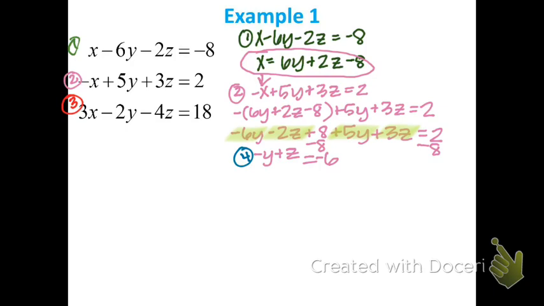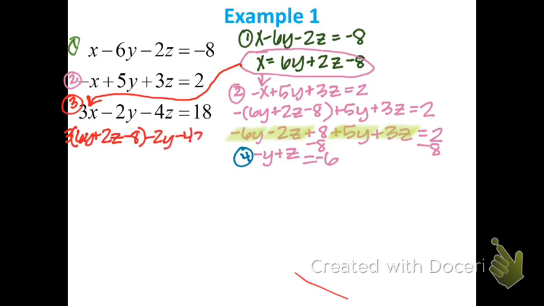Now we need to focus on equation number 3, doing that same thing. Equation 3 is 3x minus 2y minus 4z equals 18. I'm substituting in for x again here. So I have 3 times the quantity 6y plus 2z minus 8, minus 2y minus 4z equals 18.